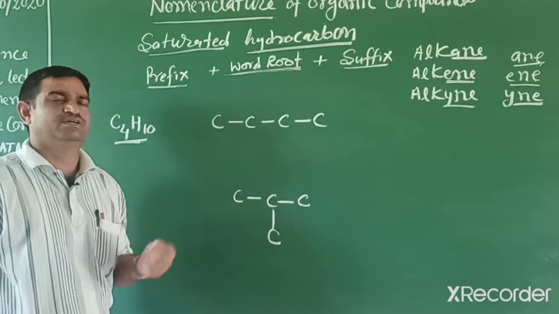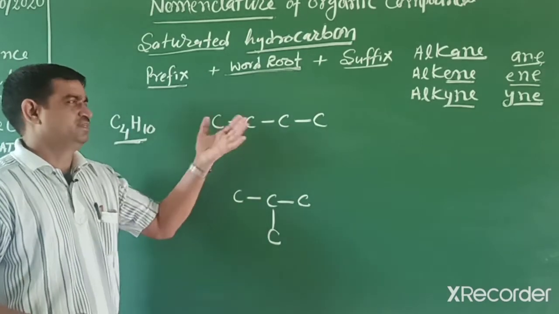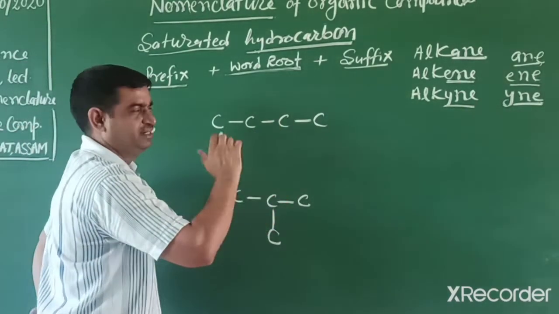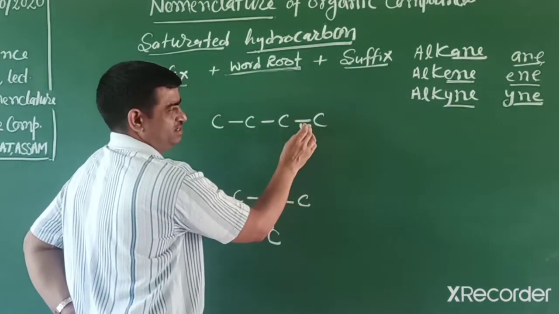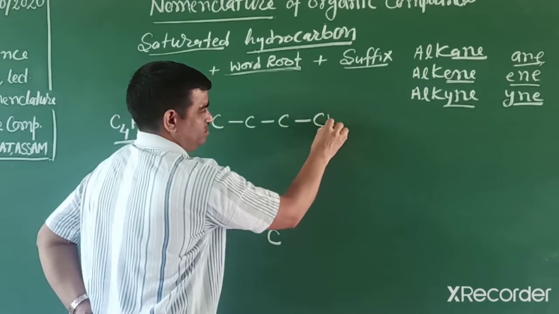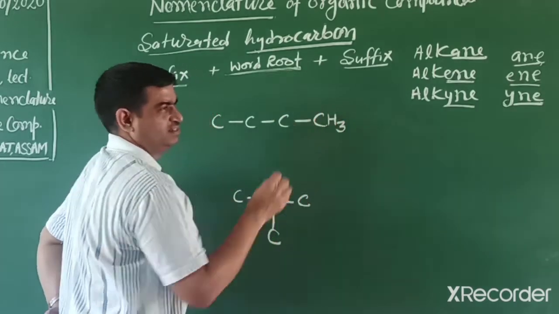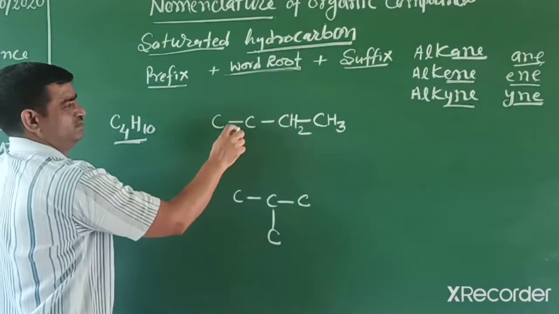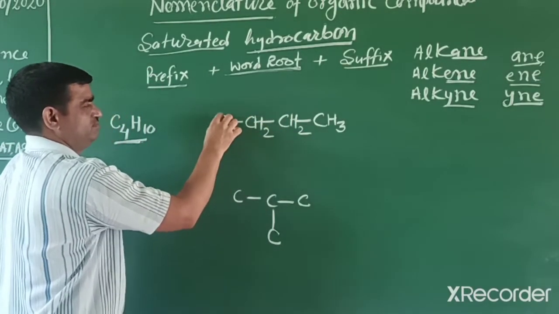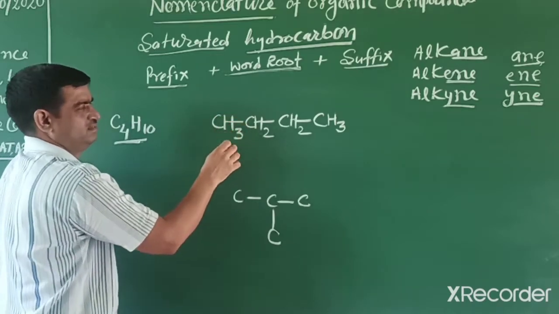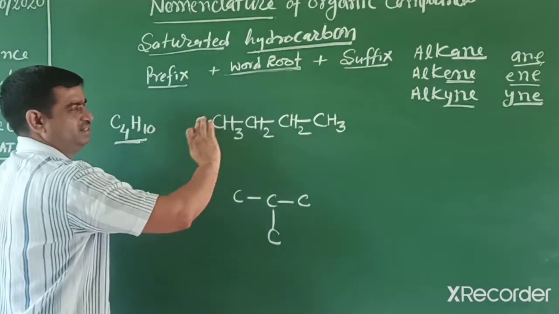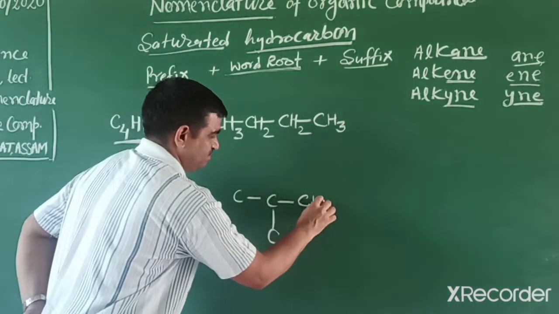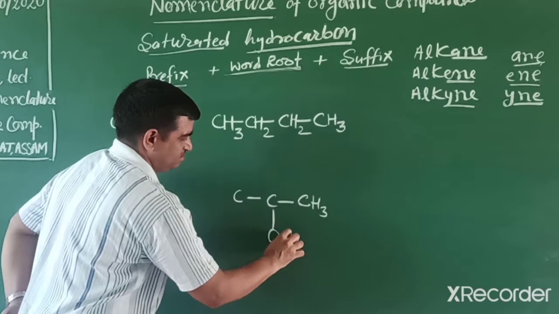At first we complete the structure by writing the hydrogens. In condensed form, because one valency is already satisfied, it needs only 3 hydrogen, CH3. On this side we write 2 hydrogen, and in this way we can write. You can write on any side, outside or inside. And if we complete it, CH3, CH3.